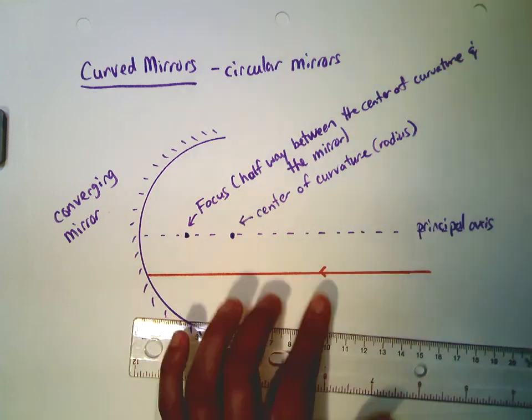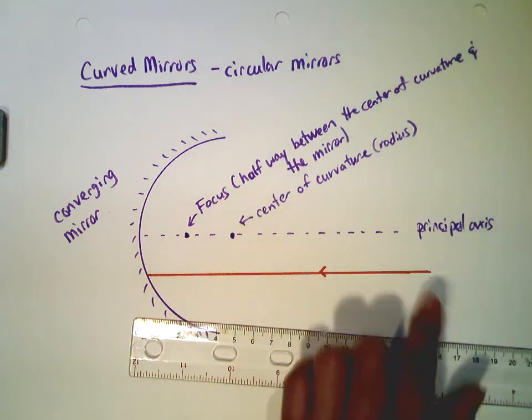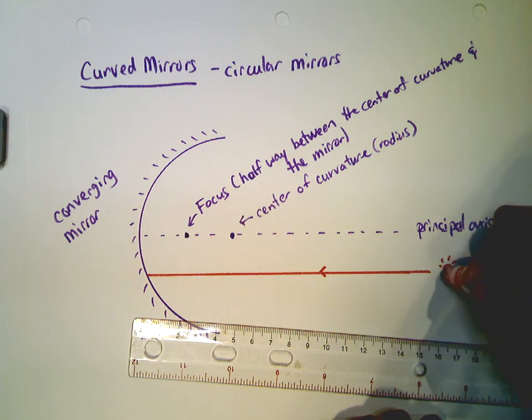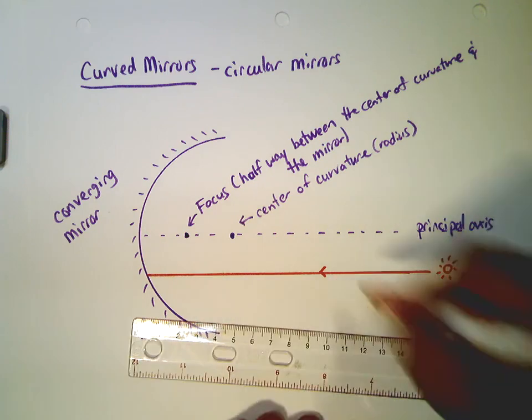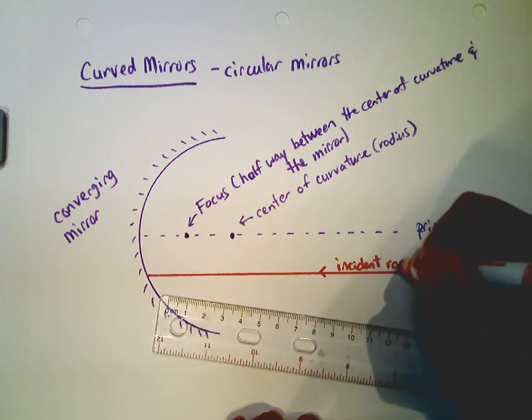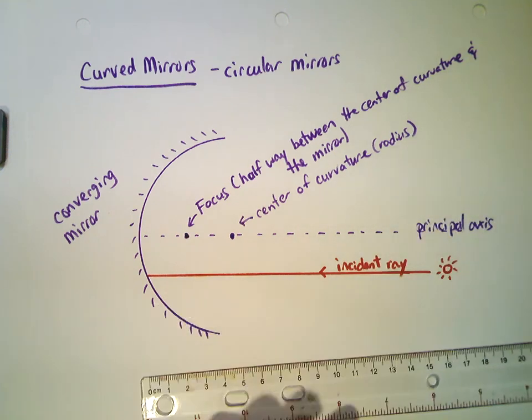So here's your light ray. Remember, don't forget the arrows so you know the light's coming this way. And I'll just sort of draw a light or a sun to represent the light coming in, and this is called the incident ray. Perfect. Now, remember, light does obey the law of reflection, which is the angle of incidence equals the angle of reflection.